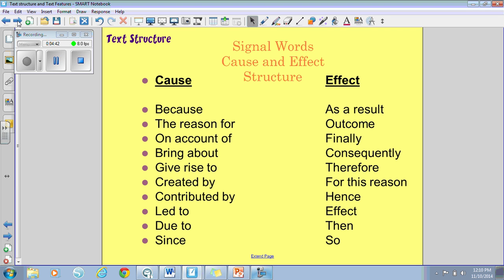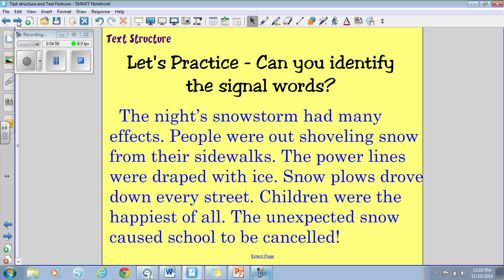Take a moment to jot down some of these signal words. Now it's your turn to practice again. Please pause the video and see if you can identify the signal words within this passage.